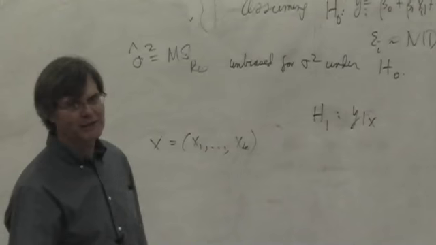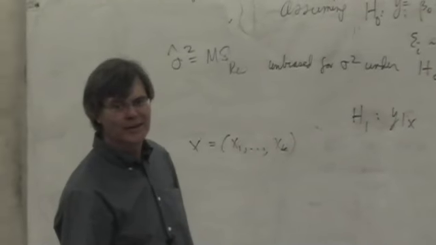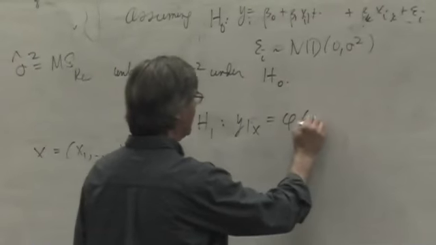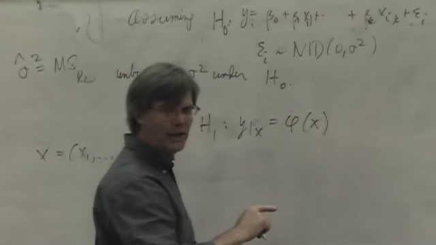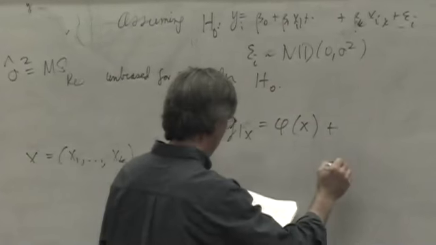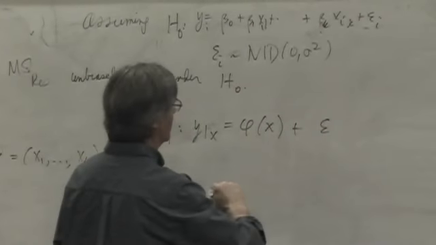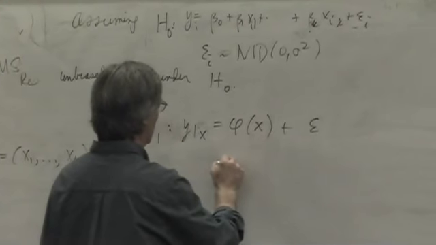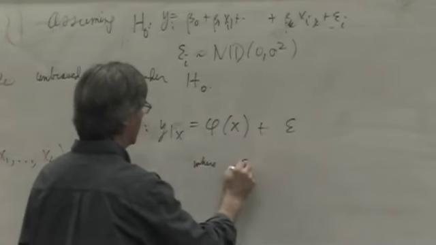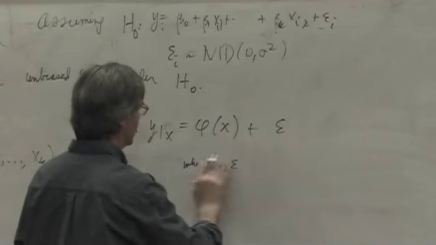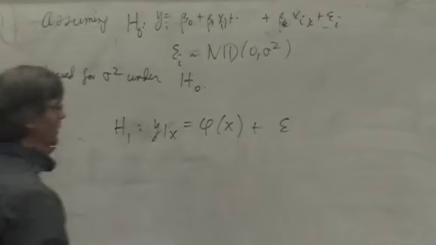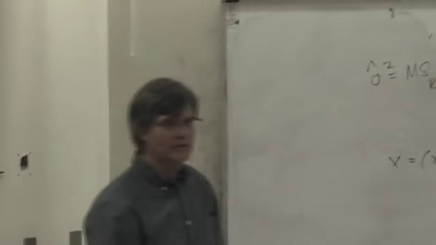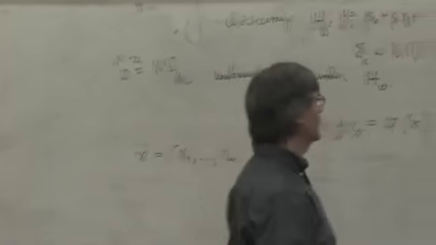I did put it in the notes, but I got tired of it. So y_x equals phi of x, some function of x1 through xk, plus epsilon, where again the epsilons are independent, normally distributed with variance sigma squared and mean 0.